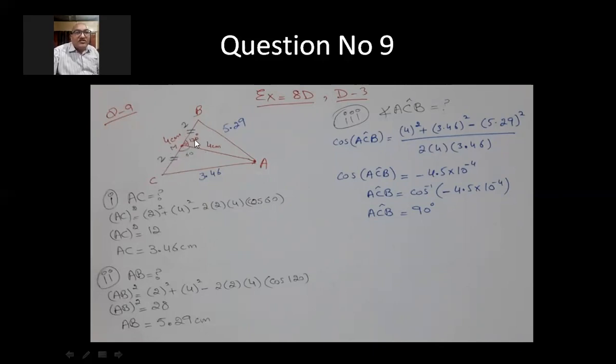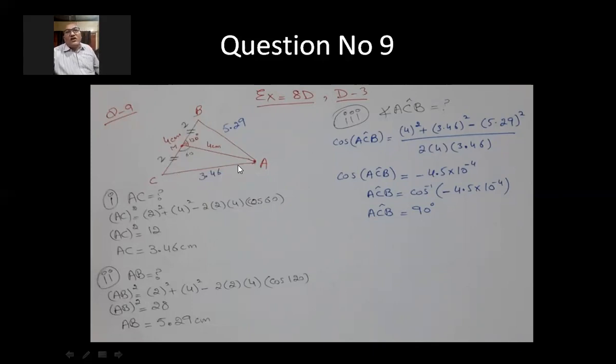If you pay attention, if this angle is 120, this angle will be 60 because it's a straight line. So 180 minus 120, that will be 60. So I know this angle, I know these two sides, and I know the angle between them, and the AC is the question. So very easily you can recognize that we can apply the law of cosine here.